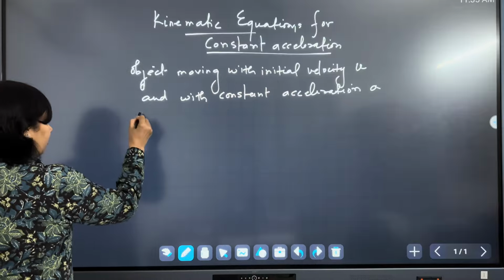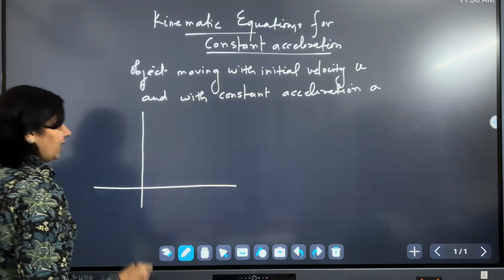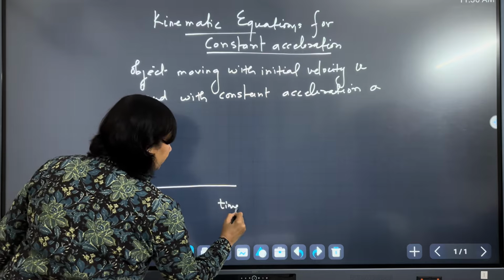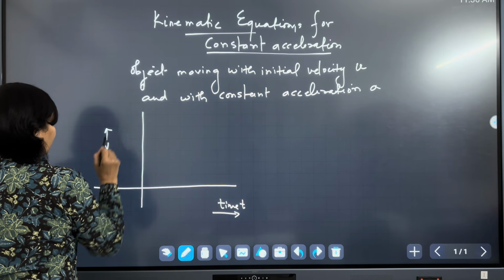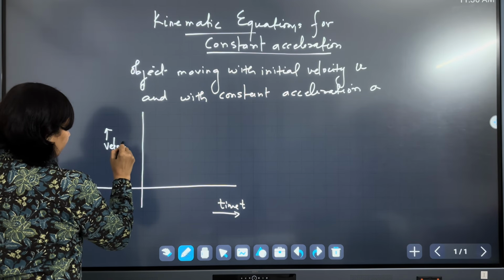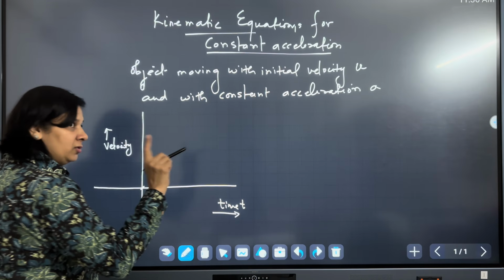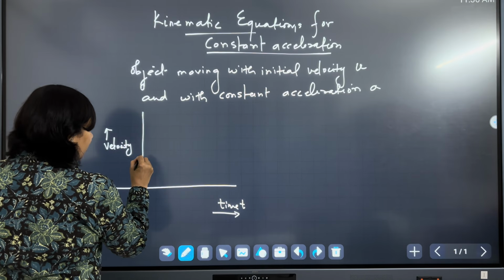Okay. So now if I want to plot the graph between velocity and time, this is velocity. So at time t is equal to 0, the object is not at rest. The object is moving with some initial velocity u.